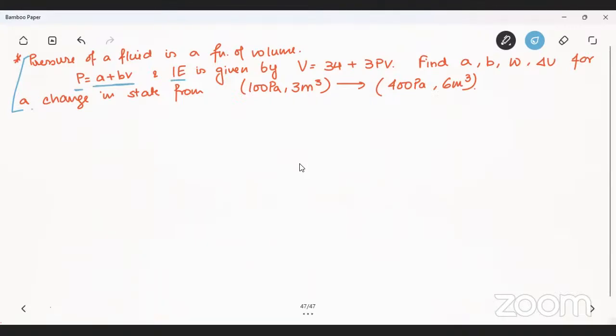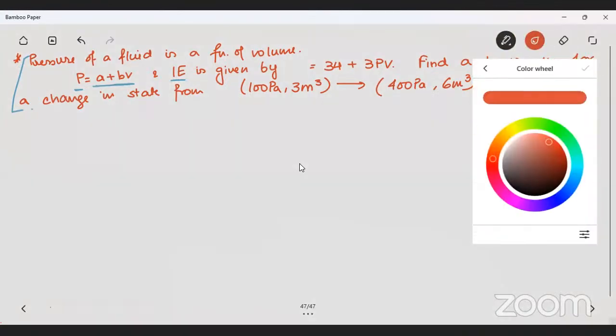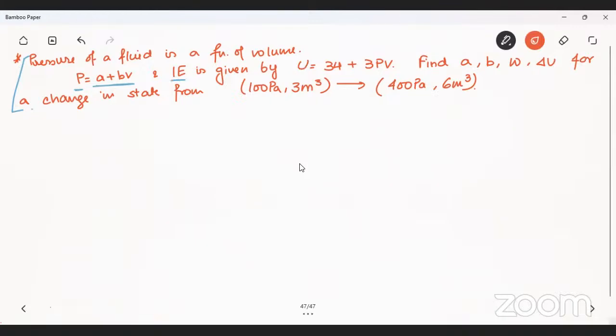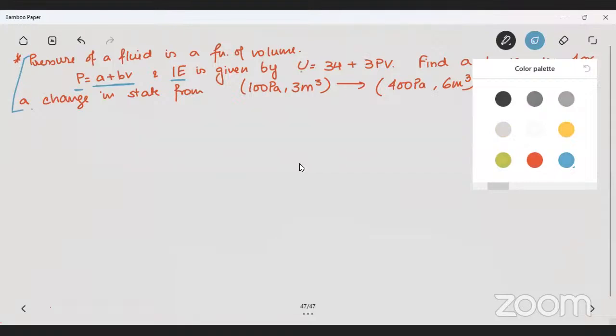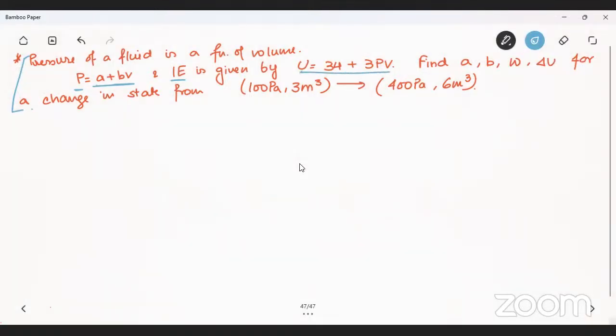And the internal energy is U, given as a function of volume again. So both are given as functions of volume. Our goal is to find the constants A, B, W is the work done, and this is the internal energy change.